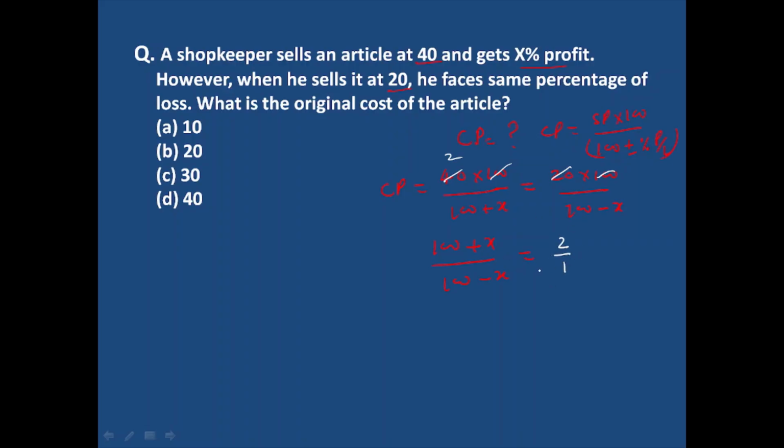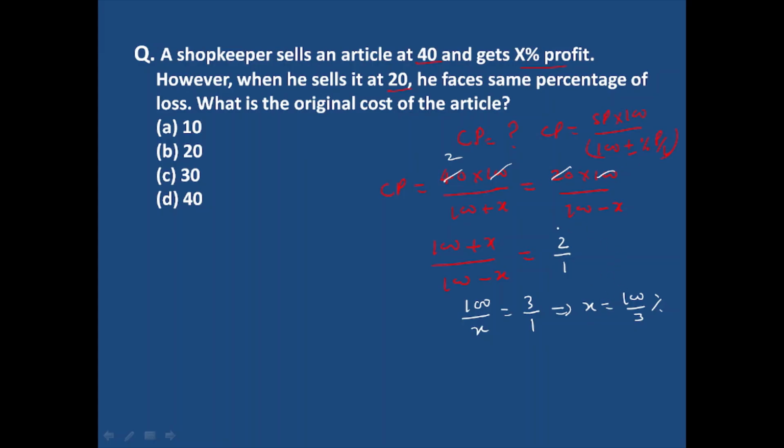If we apply the componendo and dividendo rule, then we get 100 divided by X is equal to 3 by 1. It means the value of X will be 100 by 3%, or 33 and 1/3%, or 33.33%. This is the value of the profit or loss percentage.